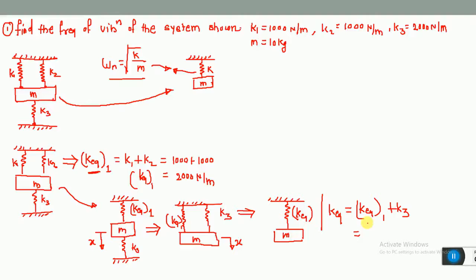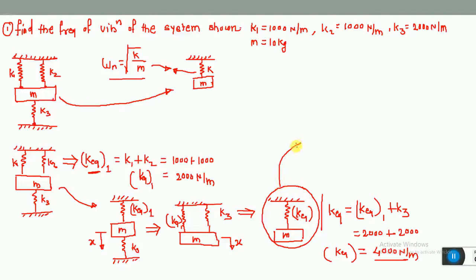So this K equivalent 1 is 2000 plus this K3 value, which is equal to 2000. So the total value is 4000 Newton per meter. And now this system that we have converted into a simple spring mass system.